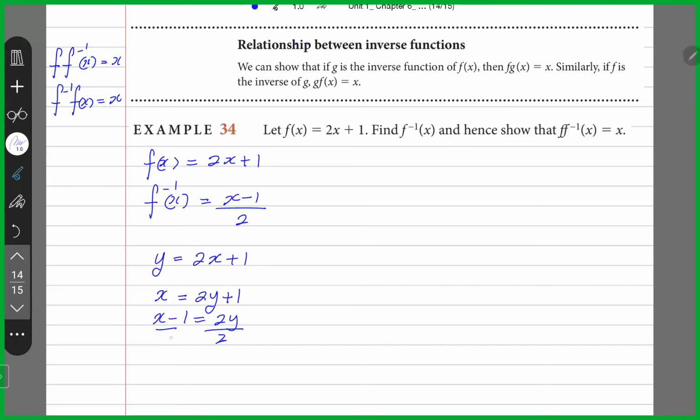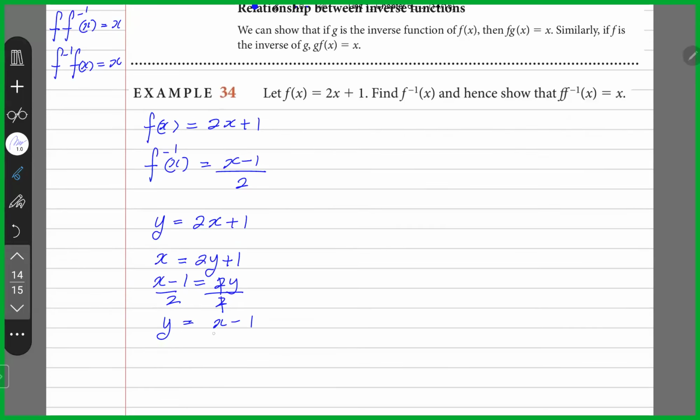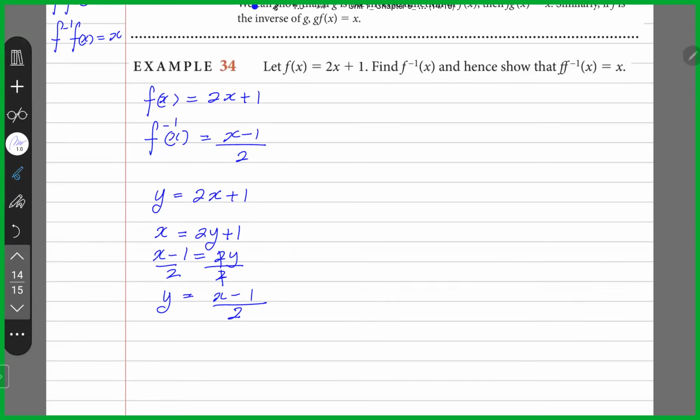Divide both sides by 2, and we get that y is equal to x minus 1 over 2. Step 3 is to make y the subject again. And step 4, take out y and say f inverse of x is equal to x minus 1 over 2.